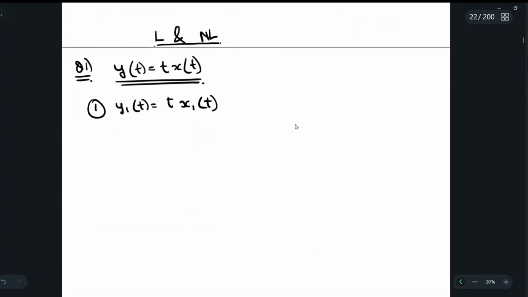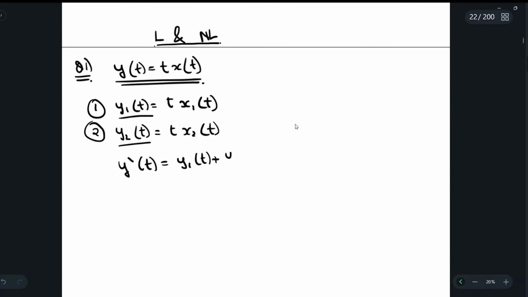Now the second step is, we will write y2 of t is equal to t x2 of t. Now what we will do is simply sum up y1 of t and y2 of t, and we will write it as y dash of t is equal to the sum of y1 of t plus y2 of t. So this is your third step.